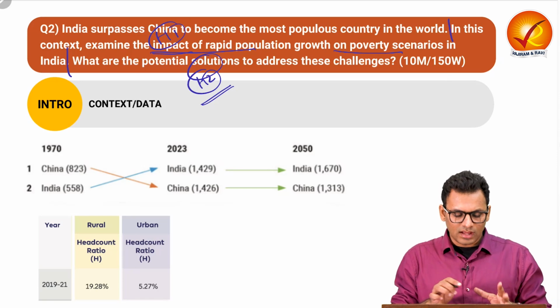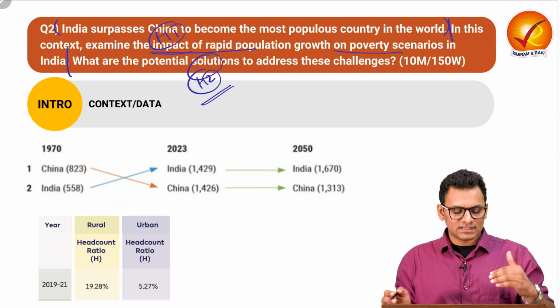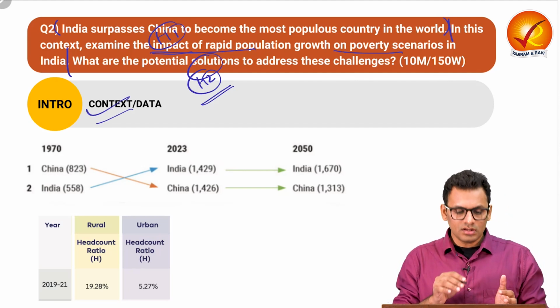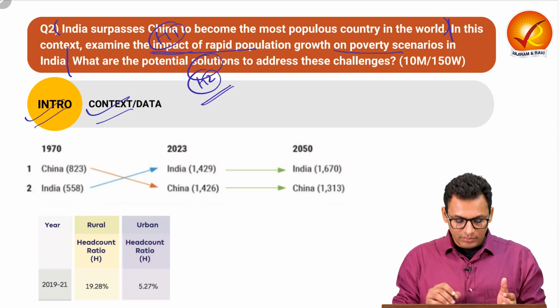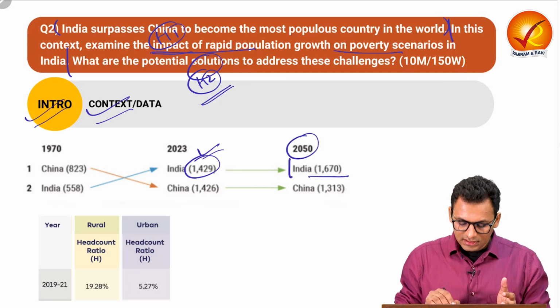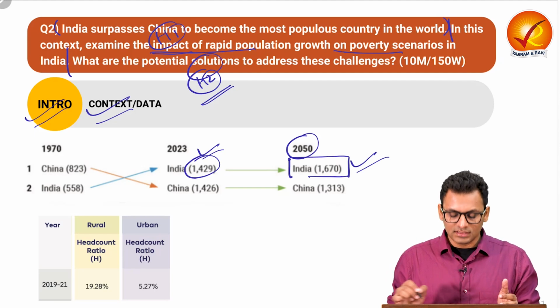When you're looking at this type of question where there is a statement in the introduction, you can use that statement and give the context and expand the idea. In this question, you can talk about how recently India surpassed China and became the most populous nation, and by 2050, India can see a potential of 1.6 billion population.